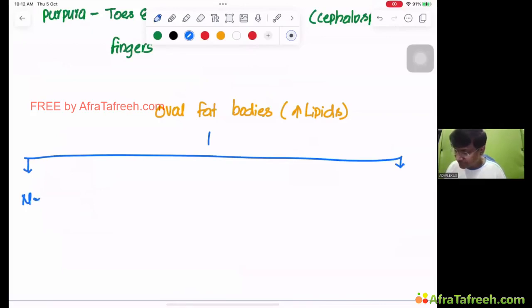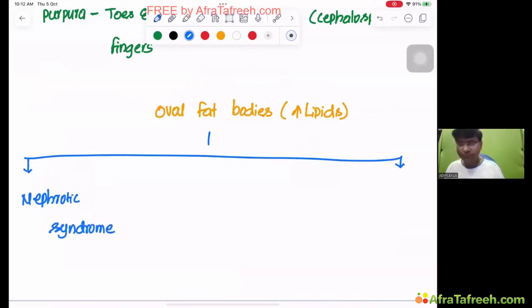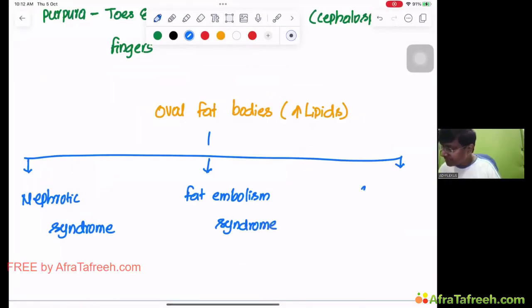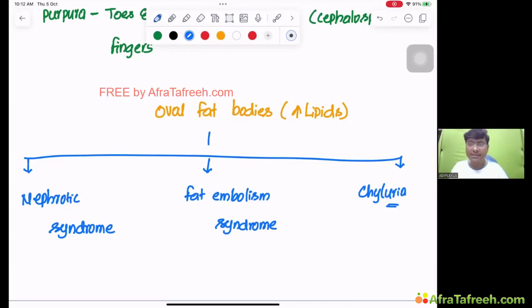Patients with nephrotic syndrome, because there is hyperlipidemia causing lipiduria. Then long bone fracture, where there can be fat embolism syndrome. Then thoracic duct obstruction causing chyluria, right? These are the conditions where you can have oval fat bodies, or nothing but the presence of fat in the urine.